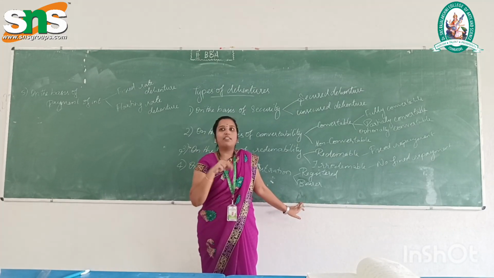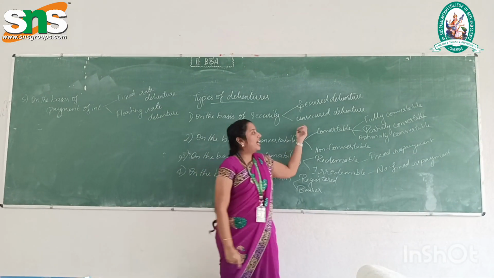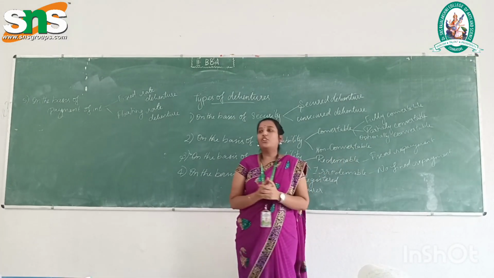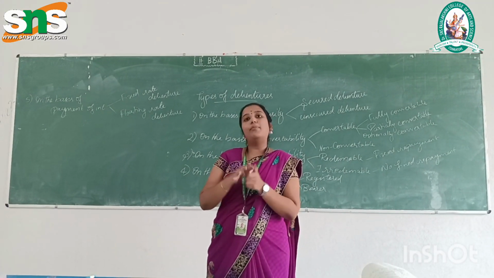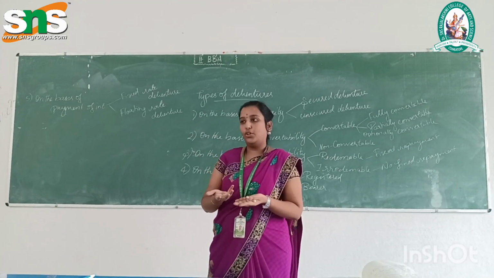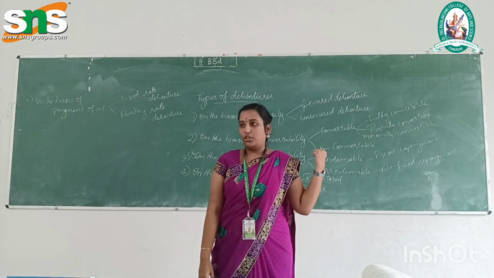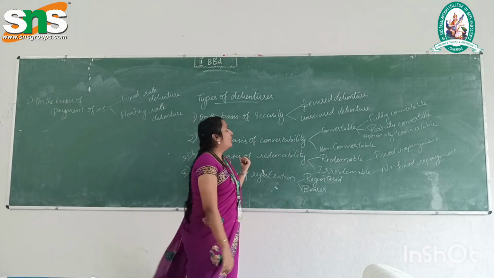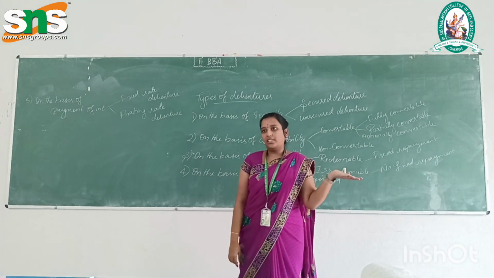Based on that, she has given me 10 lakh by trusting me. That is called unsecured debenture. Whereas in a secured debenture, I receive a debt, I provide an asset as security, and I issue a debenture. So that is secured debenture. On the basis of security, this is classified into secured debenture and unsecured debenture.